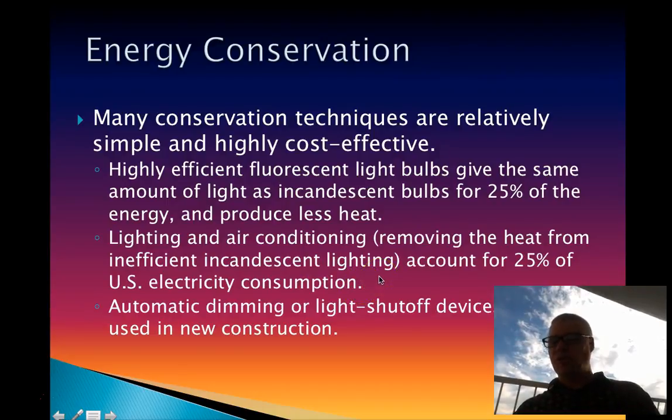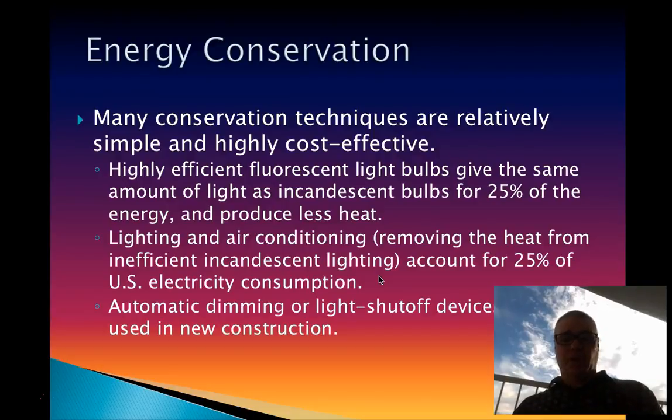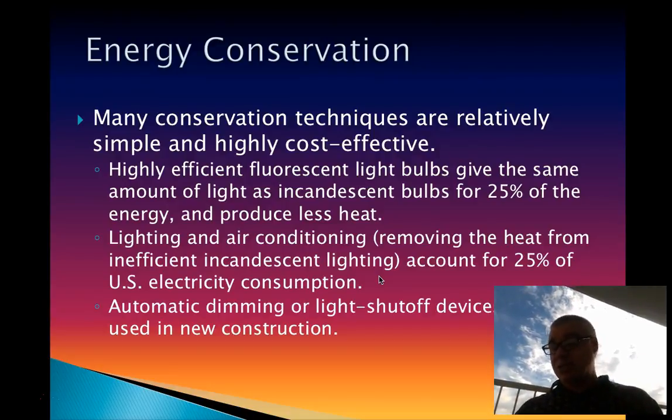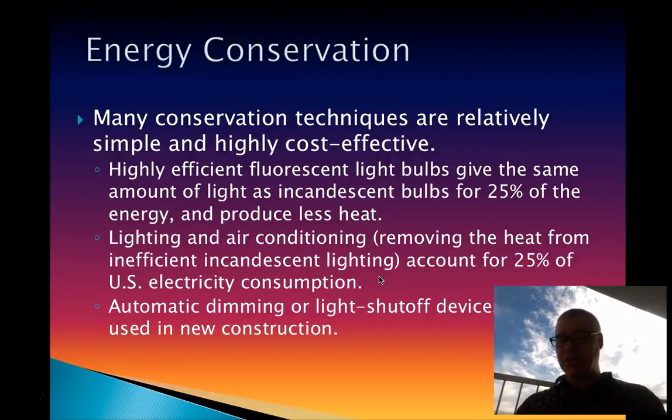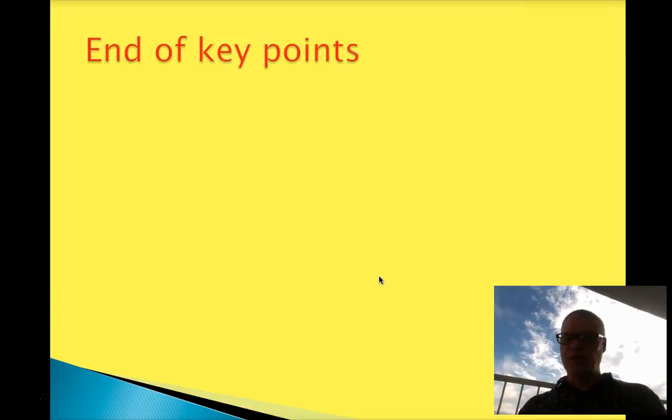So there's all sorts of ways in which we can use electricity, not just in terms of finding other sources, but also by just using less electricity. And so most colleges, like Keene State, have all sorts of things in different places to cut down our energy use, which therefore cuts down the amount of fossil fuel or nuclear fuel that's used to create our electricity. All right, that's the end of the key points.